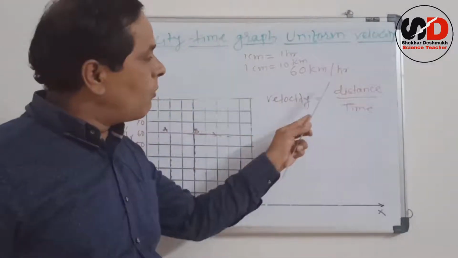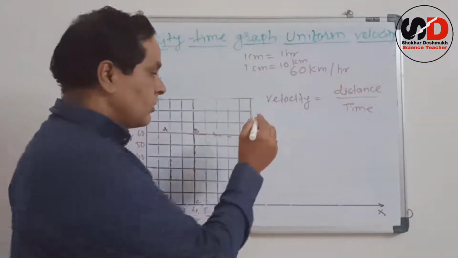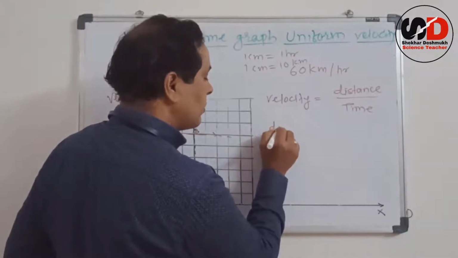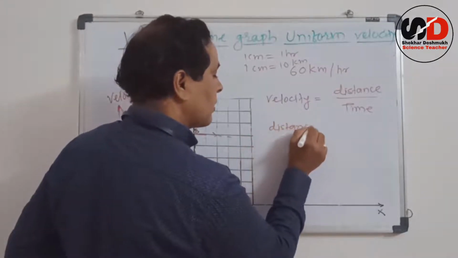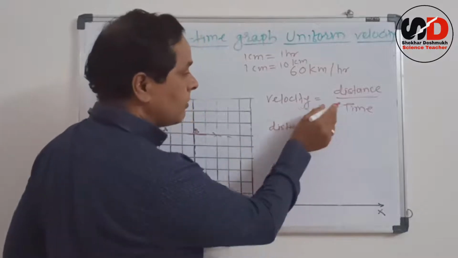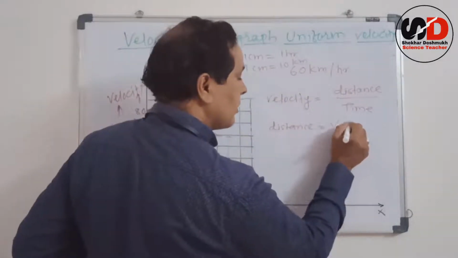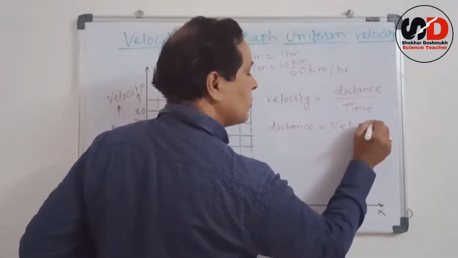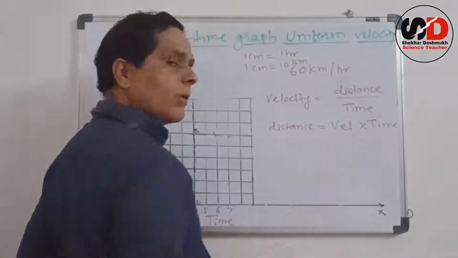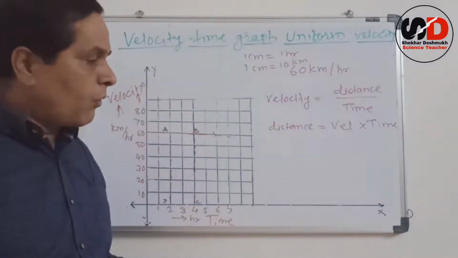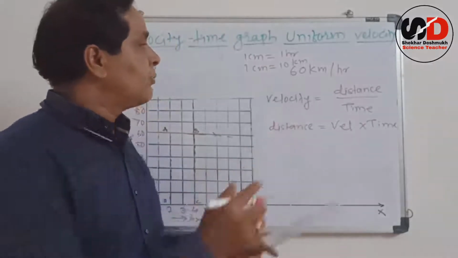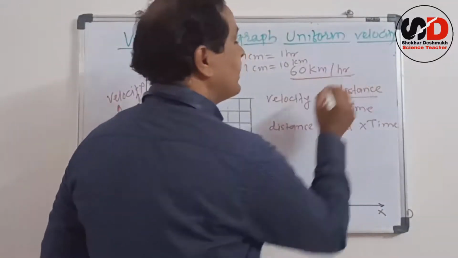So in this formula, what is distance? So calculate distance is equal to velocity into time. So what is the velocity of the train? The train is moving with a constant velocity of 60 km per hour.